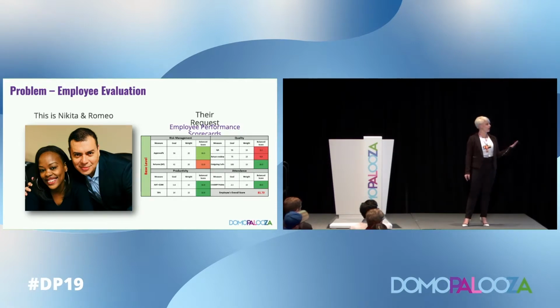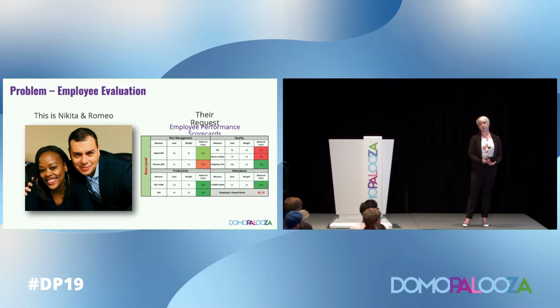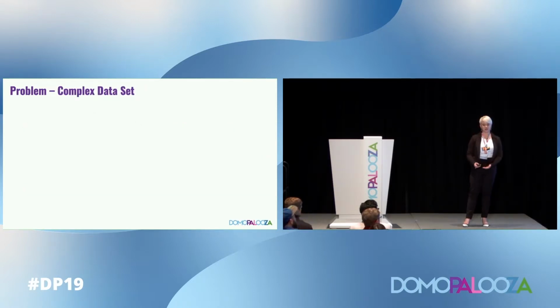And because it was so complicated and time-consuming, they would only be able to see this comprehensive view of their employees' performance once a month. So a lot of times, change would come too late for the representatives. So they requested that this process be integrated into Domo, which was one of the first things I did for them.